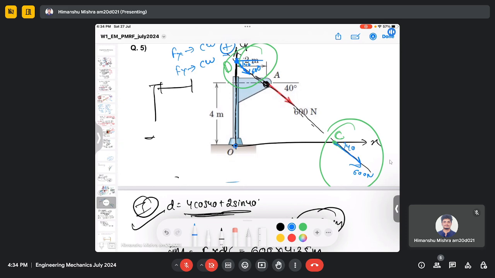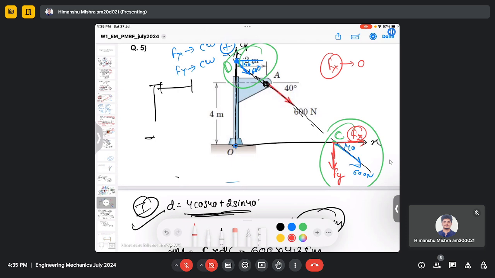Now you can again take the components of this force, which are Fx and Fy. You can see that there is no perpendicular distance for Fx, so the contribution to the moment from Fx is 0. There will be no moment due to force Fx because there is no perpendicular distance from point O to Fx.